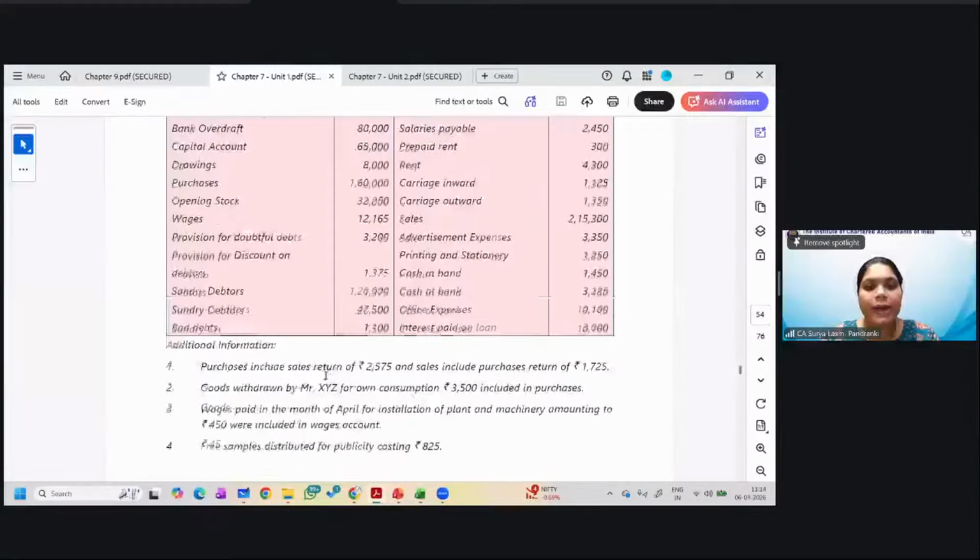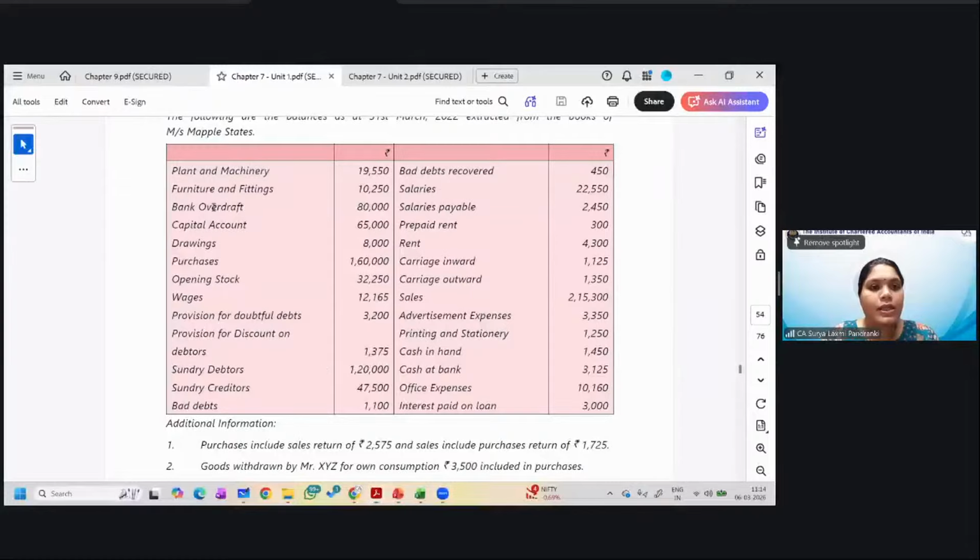now if you look at these balances, where is this plant and machinery? What is the value in plant and machinery? 19,550. Is this value correct? No, right? Because we have made a rectification entry, that balance has to be adjusted. So let us do that first.